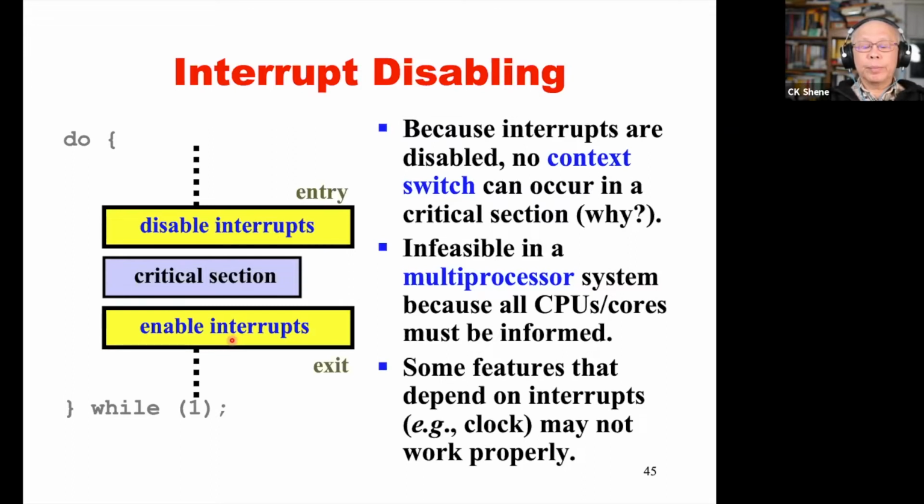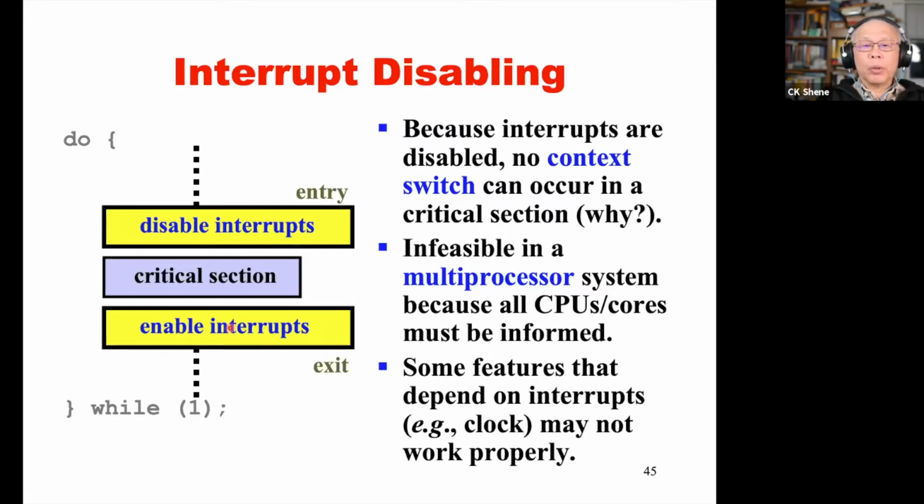Now, disabling and re-enabling interrupts can only be used in an operating system, that is, when the CPU is in the kernel mode. As a result, user programs usually won't be able to do that because user programs run in the user mode.